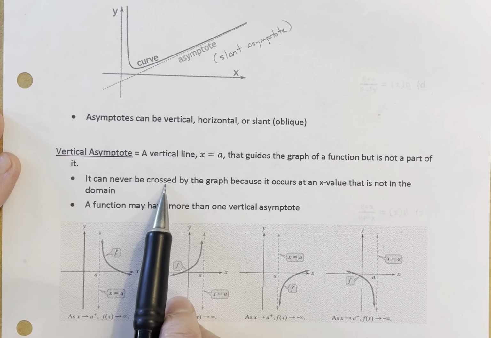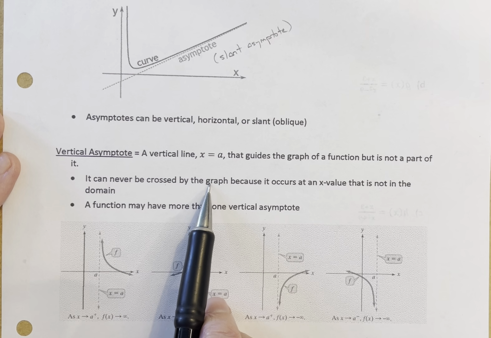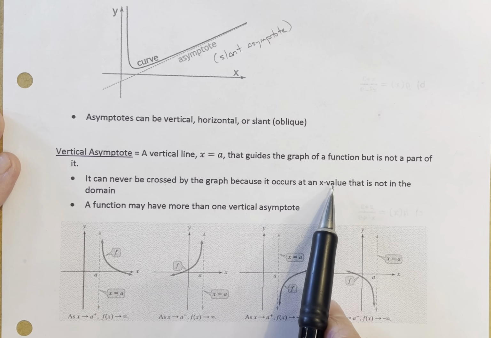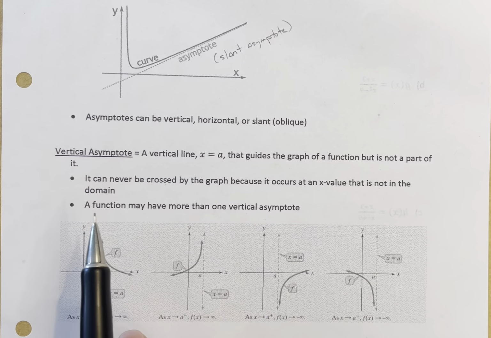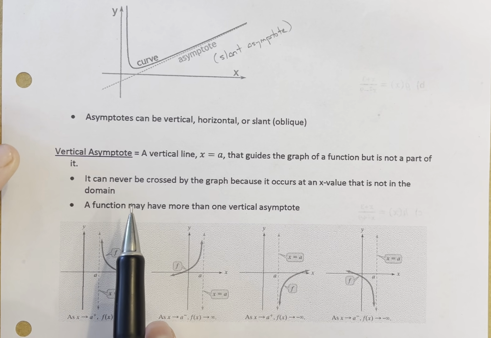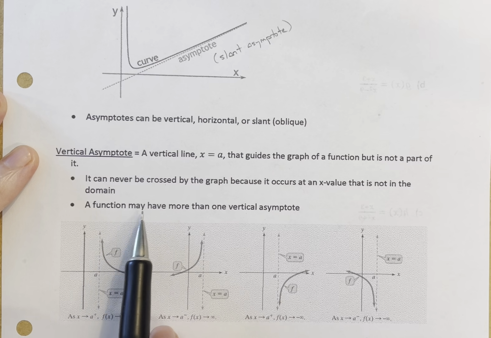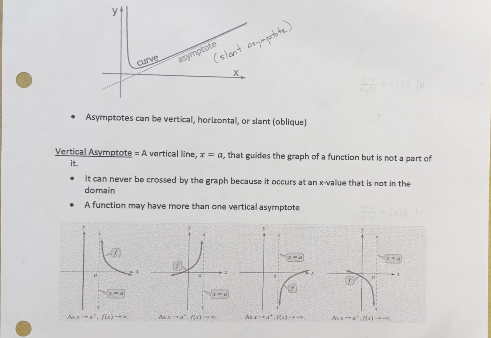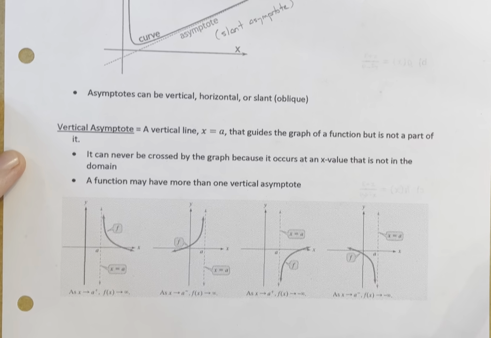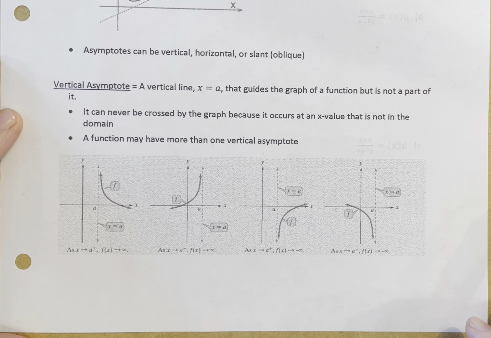It can never be crossed by the graph because it occurs at an x value that is not in the domain. So it can't be part of the function, it's not part of the graph. And a function might have more than one vertical asymptote or hole, as we're going to see. So be aware of that. You can have more than one vertical asymptote. And here are some examples.